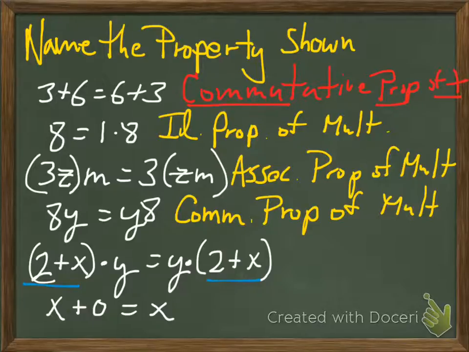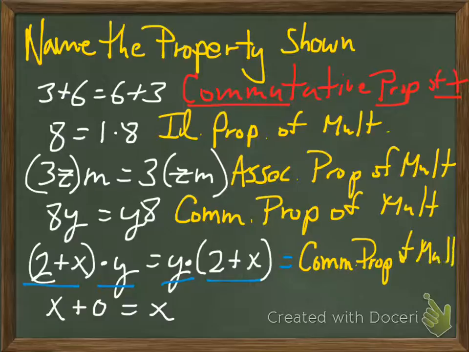Now if you look at the multiplication, what's actually changed is the parentheses and the y are on opposite sides. In the first one, you start with the parentheses and multiply by y. In the second one, you start with y and end with the parentheses. So what you've actually done here is you've changed the order of the multiplication. So just like the one above, this is actually the commutative property of multiplication once again.